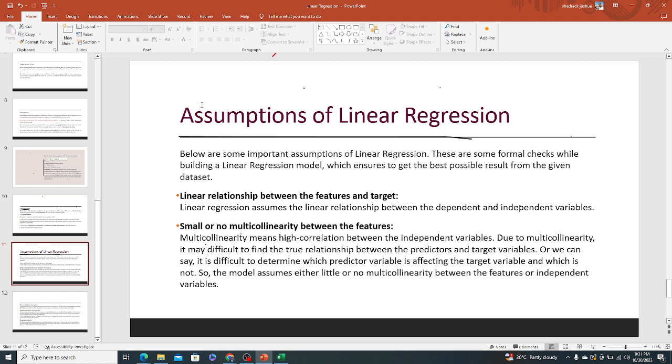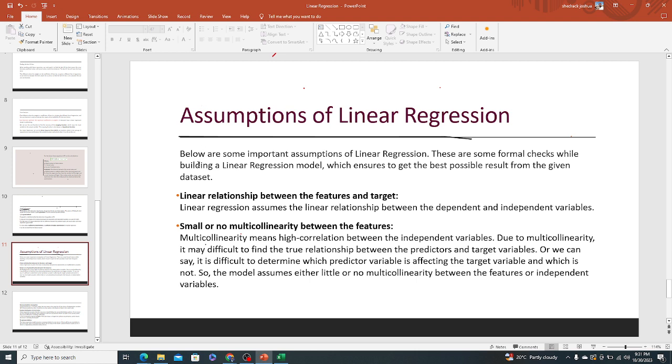Meaning we must have a linear relationship between the two variables, that is between the independent variable and the dependent variable.